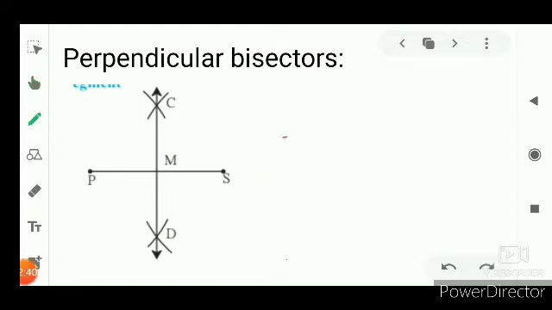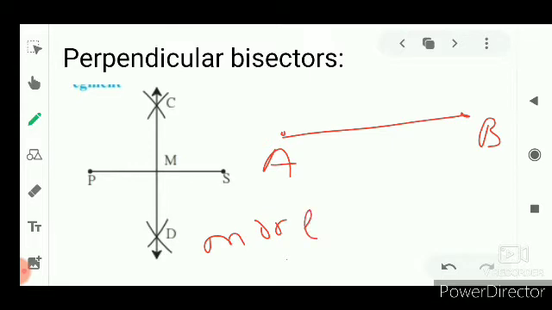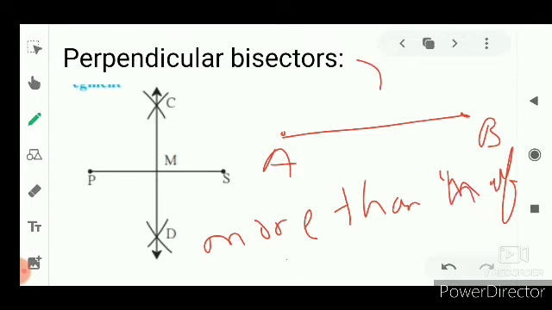First of all we will make the segment AB of 4 cm using a ruler. Then we will take the compass with more than half distance and make one arc on the upper side and one arc on the below side.